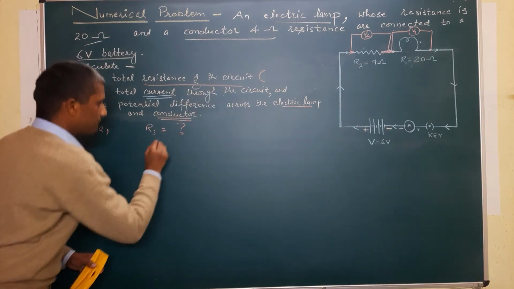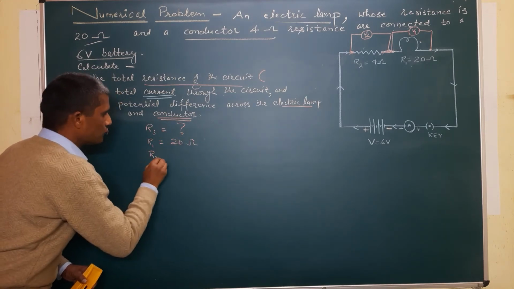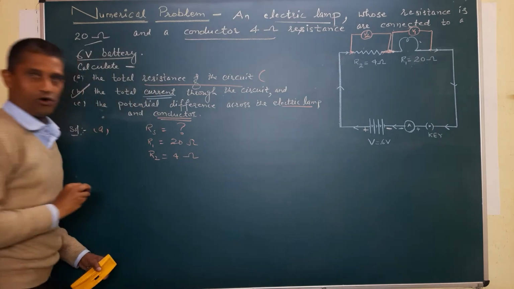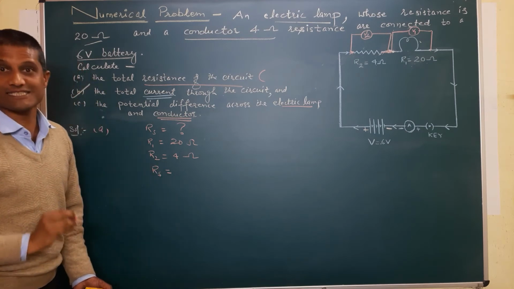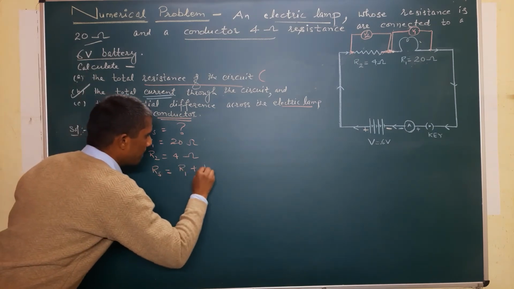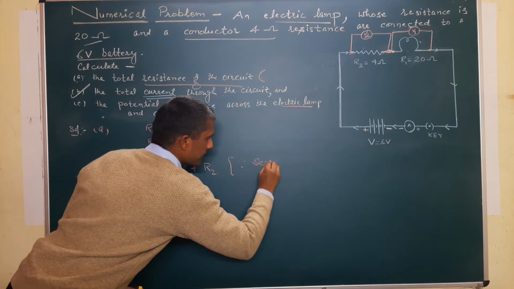We have got R1, it is 20 ohm. We have already got R2, it is 4 ohm. RS is equal to the arithmetic sum of individual resistances, and it is R1 plus R2. Here this combination is in series.